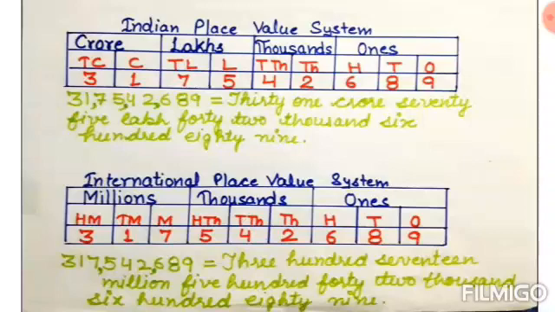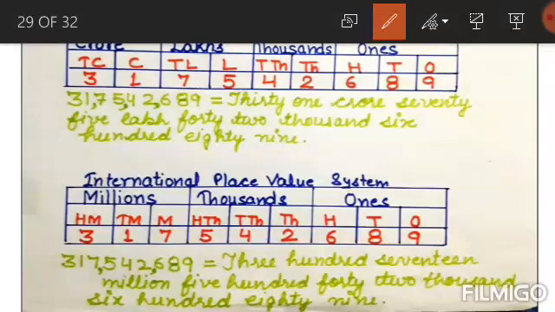We will read and write it as 31 crore, and we put a comma after 31 crore. We will write in words 75 lakh, here it is 75 lakh, 42,689.